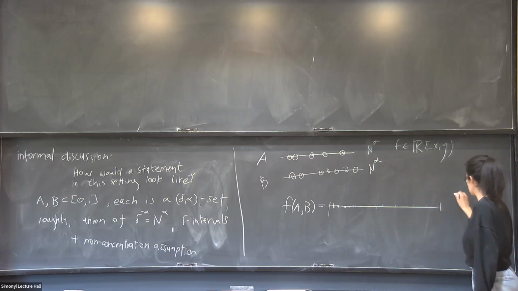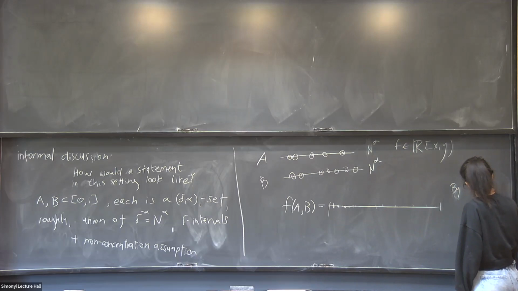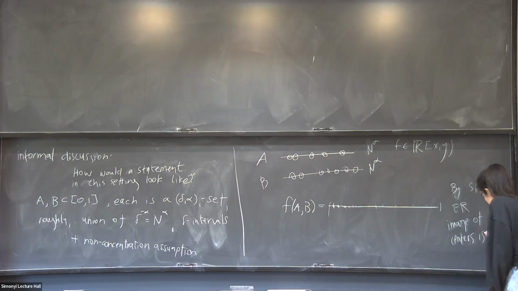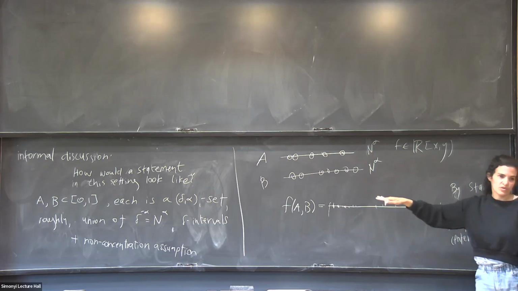By the standard Elekes and Ronyai, the image of the centers is of size at least some power, say n to the 3 alpha over 2. So we know that we have here many points.